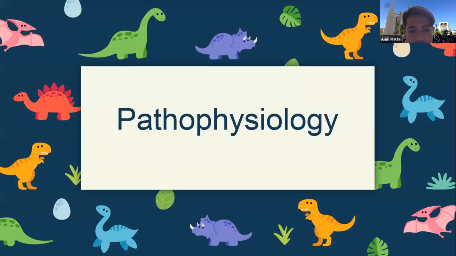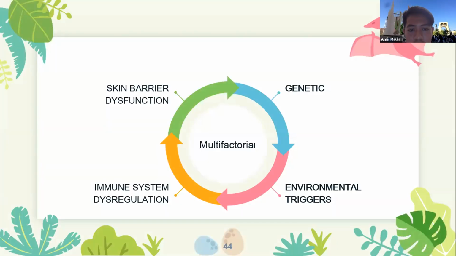On pathophysiology, atopic dermatitis is influenced by many factors, especially genetic factors, environmental triggers, immune system dysregulation, and skin barrier dysfunction. Besides these factors, there are two hypotheses: the inside-out hypothesis and the outside-in hypothesis.